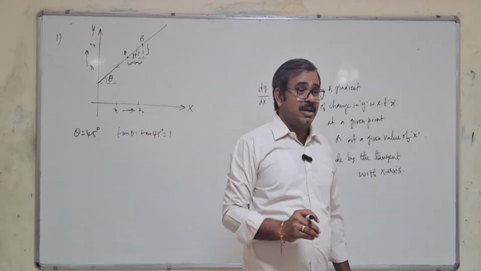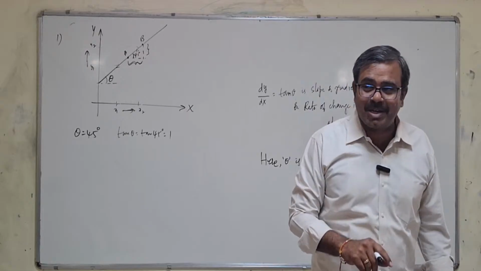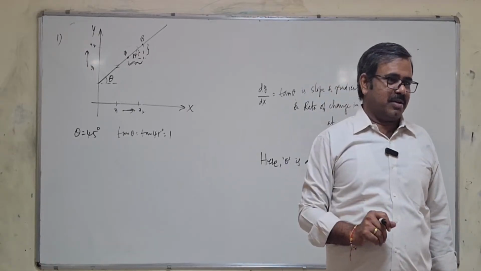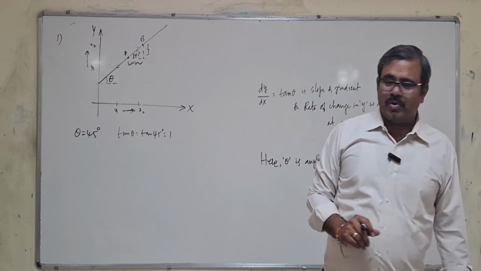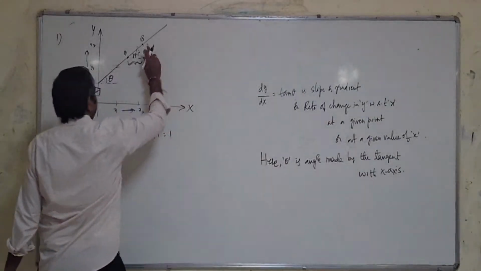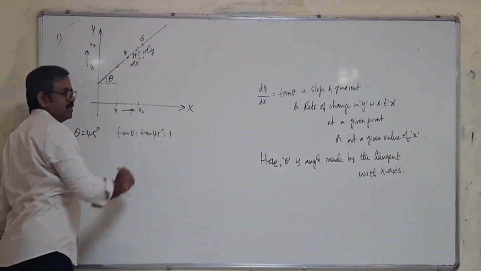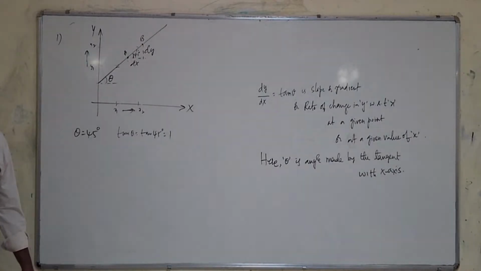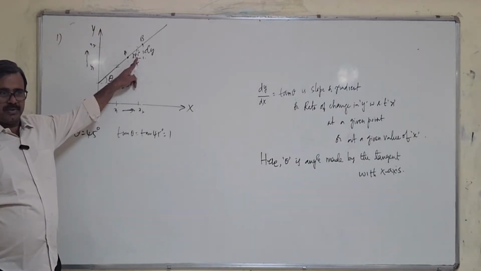What does it mean? It means for every unit change in x, y changes by how many units? 1 unit. Okay. y2 minus y1 is always equal to x2 minus x1. dy is always equal to dx, even if you take a small interval, because this angle is 45 degrees, right? Okay.